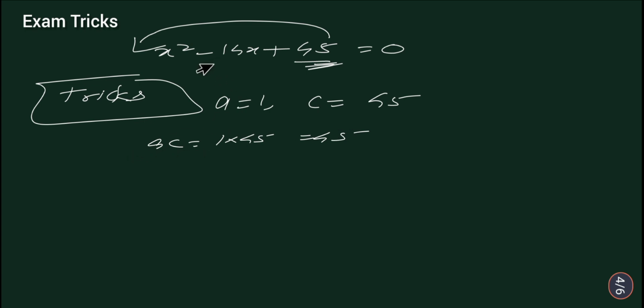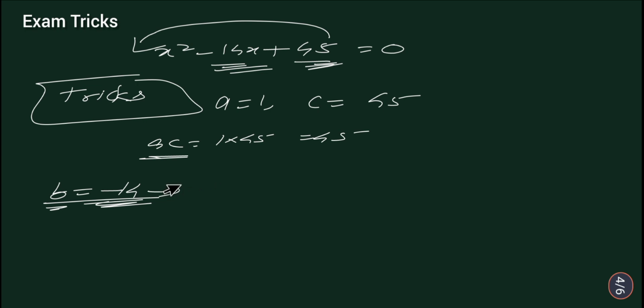Now the middle term, b, is equal to minus 14. We have to split the middle term into two parts such that the algebraic sum of those two parts should be minus 14, which is b, and the multiplication of those two terms should be equal to ac.